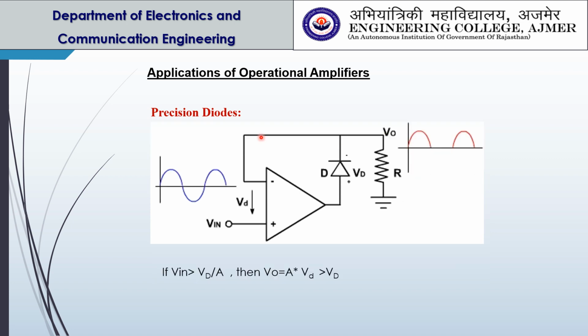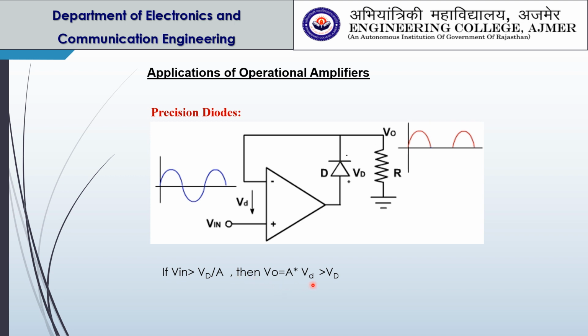Hence, Vd is virtually eliminated and the diode approaches the ideal rectifying element. If the input to the operational amplifier Vin goes positive by at least Vd by A, then the output will become A into Vd.